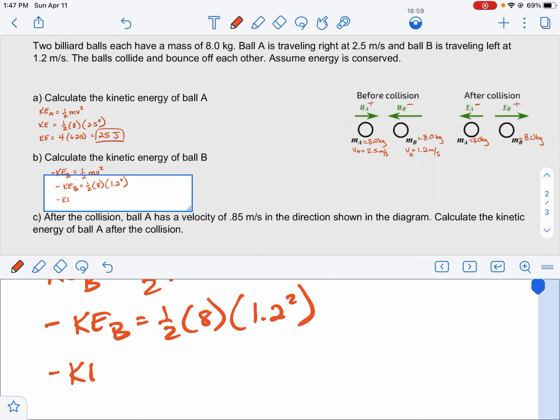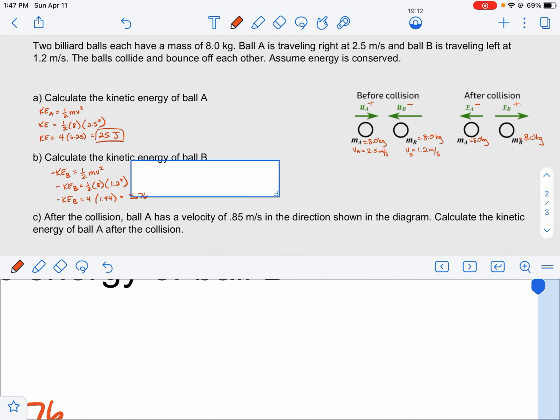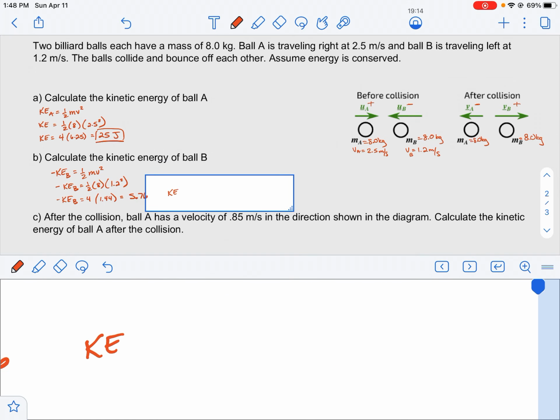Put that in my calculator. I'm going to get 4 times 1.44, which is going to give me 5.76, and so that means, we'll run out of room, the kinetic energy of B is negative 5.76 joules.